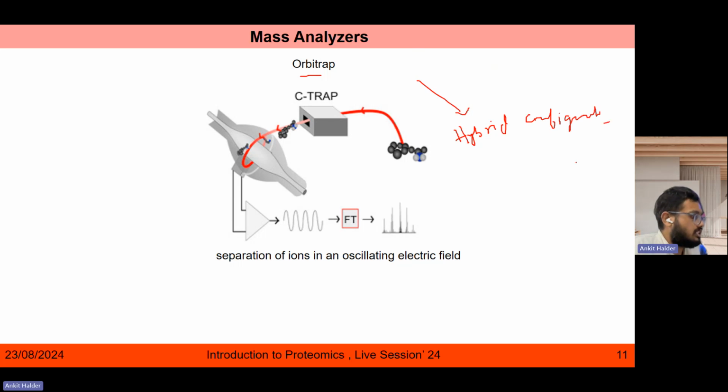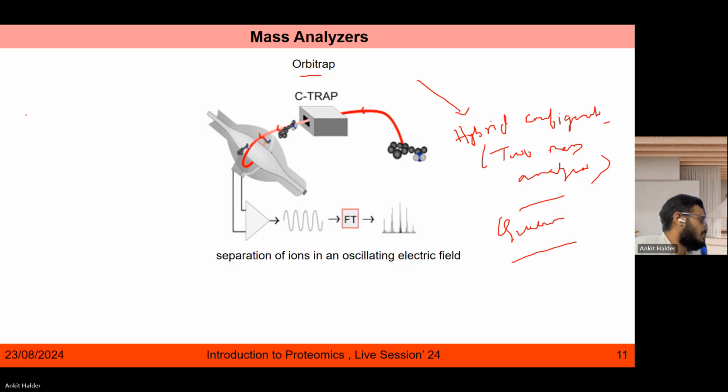In a hybrid configuration, there are two mass analyzers, and it is coupled with, for example, a quadrupole. What is happening is that these ions are separated in an oscillating electric field, so the ions will enter an oscillating electric field.